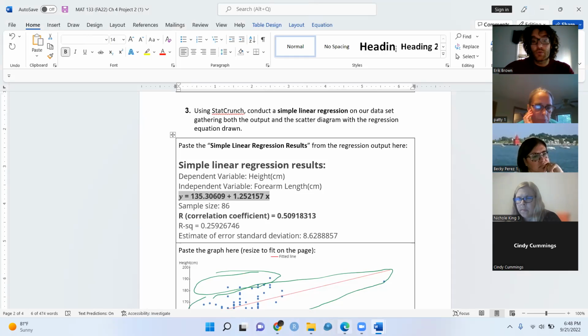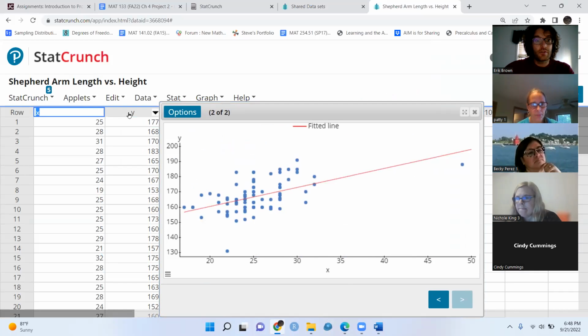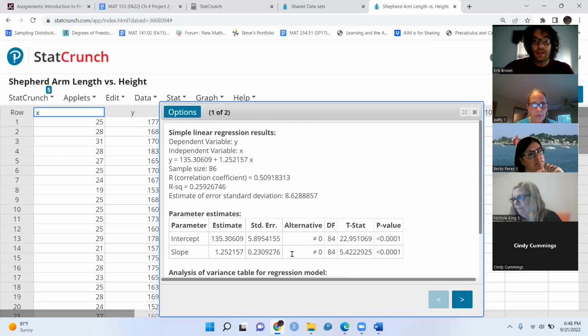But StatCrunch will do that. Every time you run StatCrunch, it's going to take whatever the column labels are and write those in for the equation. So here I had replaced x and y, and now it's x and y in here. Which means if you put in a bunch of data and you leave it as var1 and var2, you're going to see var1 and var2 in the output.